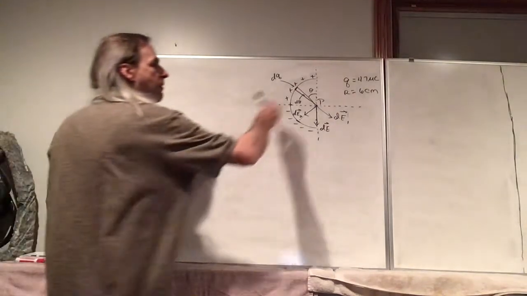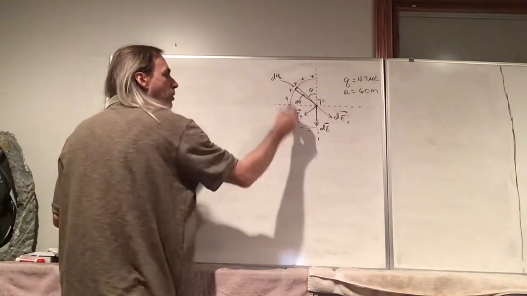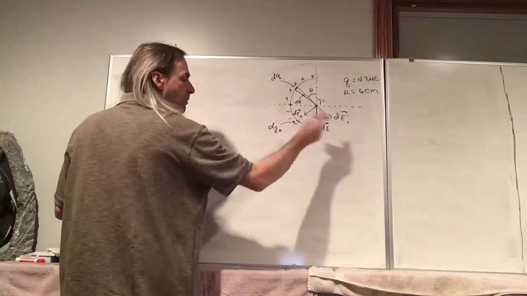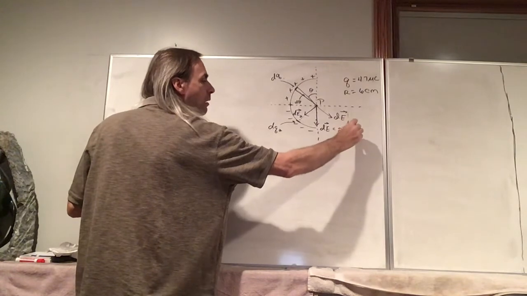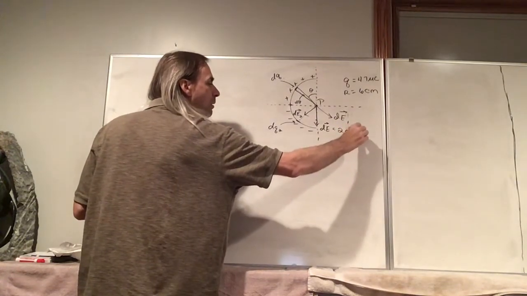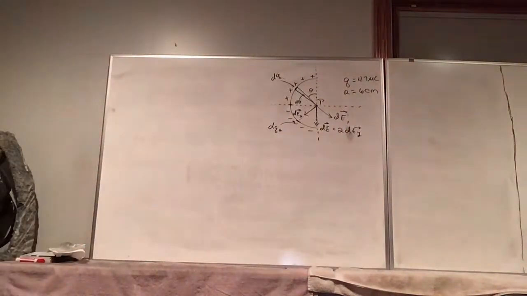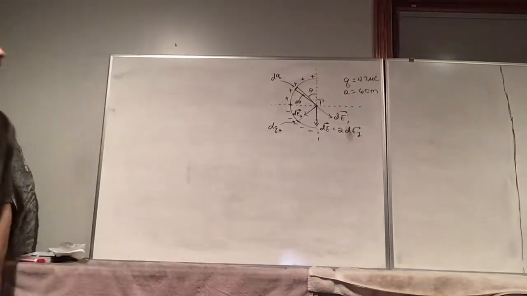So like the electric field due to this dq1, and call this dq2. The y components are going to be identical from symmetry, and we have two charges, so we just add them up.